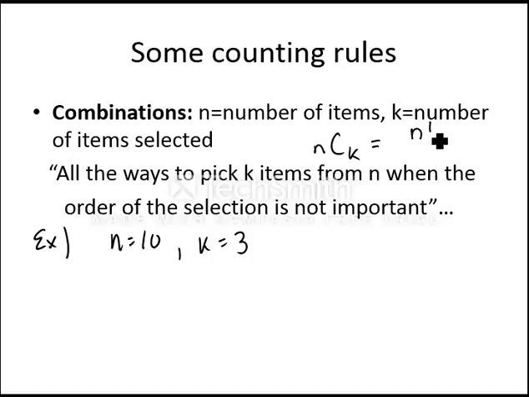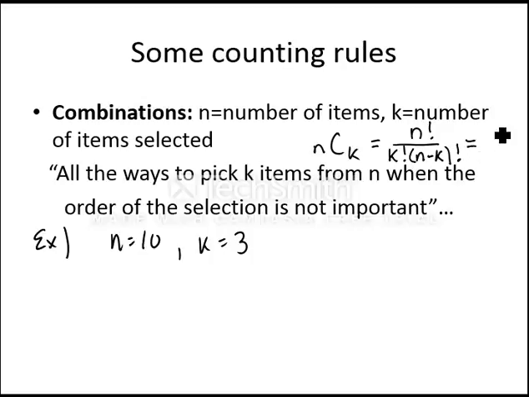So we still have that n factorial in the numerator, and we still have the n minus k factorial in the denominator, but we say order doesn't matter, so the order in which those 3 pets get assigned to the students doesn't matter, so we divide by, in this case, 3 factorial to take out the distinctiveness of the elements in the ordering.